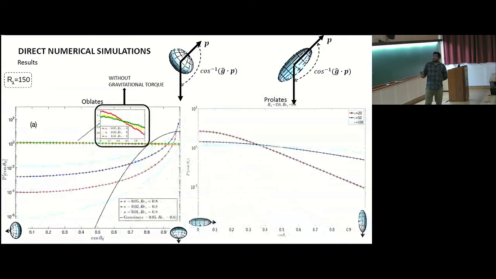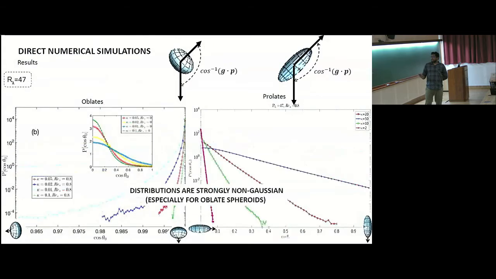Here, it spanned the entire phase space. However, here, the peaks are pretty sharp. This is just 0.965. This points to the fact that turbulence is weaker, so all the particles are expected to be broadside on. And here we make a comment that these distributions are strongly non-Gaussian, especially for oblates. We'll come to this in a bit.